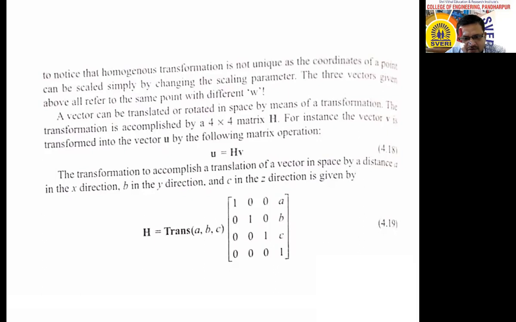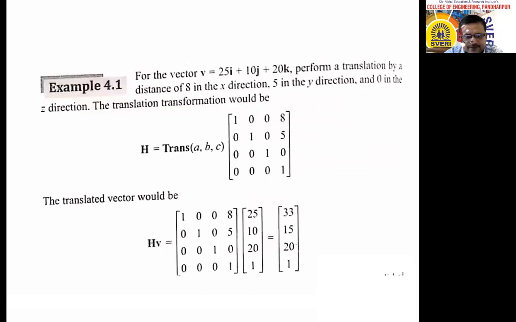The transformation to accomplish a translation of a vector in space by distance A in the x direction, B in the y direction and C in the z direction is given by H is equal to the translation of ABC, which is the matrix 1 0 0 A, 0 1 0 B, 0 0 1 C and 0 0 0 1. Now we'll solve some examples.